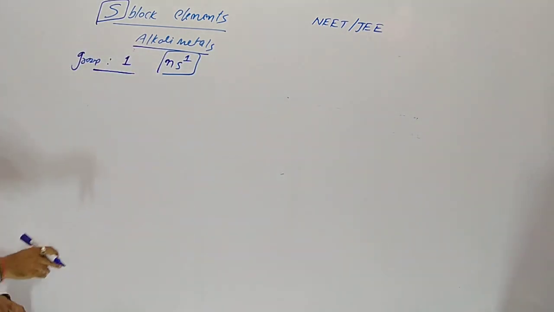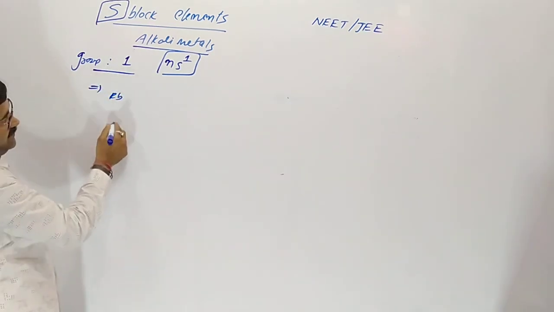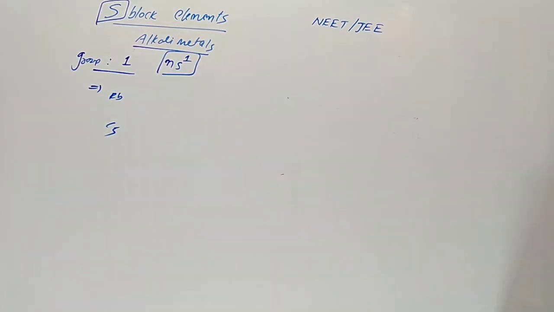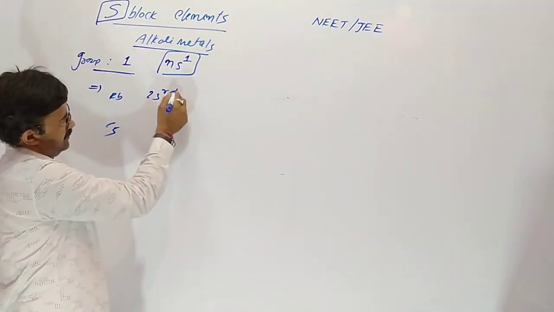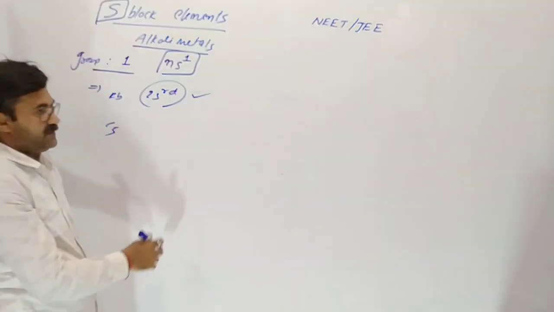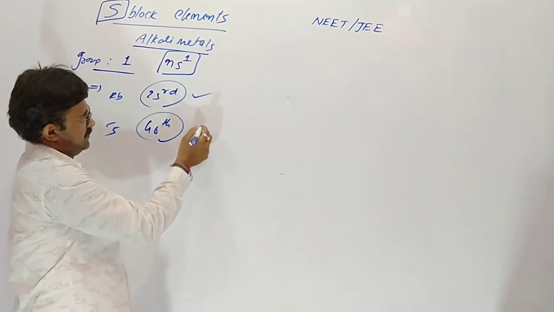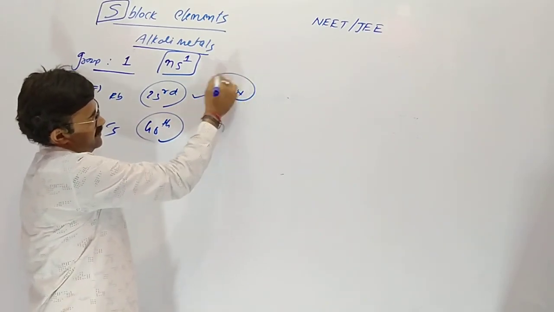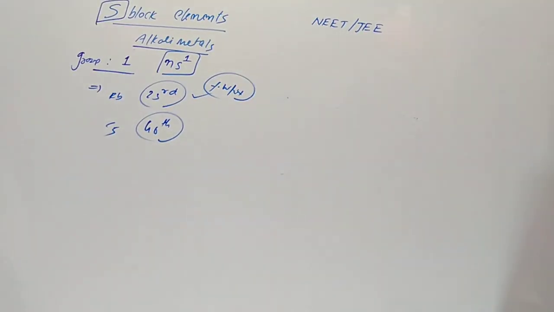Rubidium occurs at 23rd number by mass in the earth crust, and cesium is 46th. And the last one, francium, is extremely rare and radioactive.